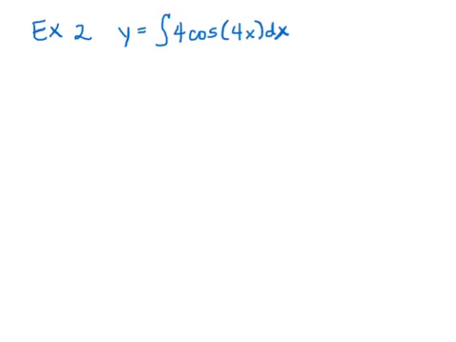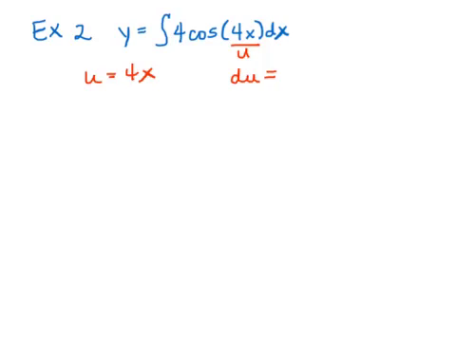Okay, let's try one now that has a trig function. If you see now, the 4x is inside the cosine, so that is going to be the u part. So here's u. I'm going to set this aside and say u is equal to 4x. And instead of writing du over dx, I'm just going to shortcut it and multiply the dx to the other side.